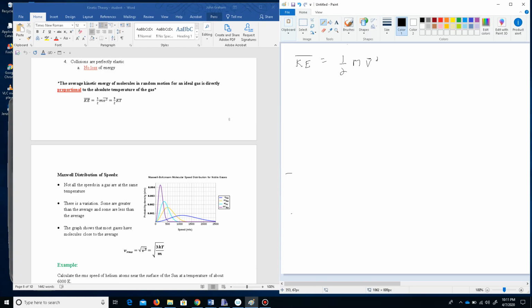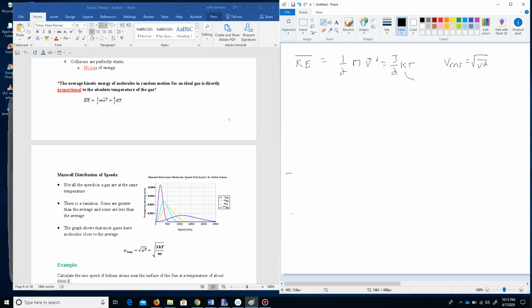And we can also look at this average speed as what we call the root mean square. So it's the square root of the average of speed squared, which you see down here. This 1/2 mv squared is equal to 3/2 kT.